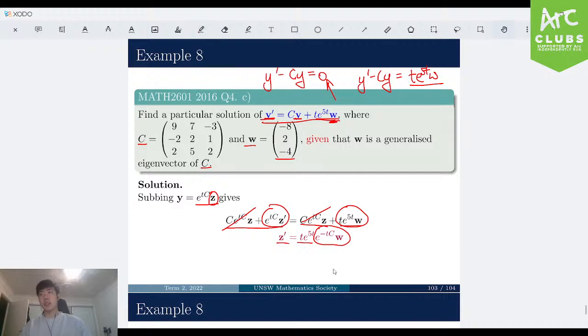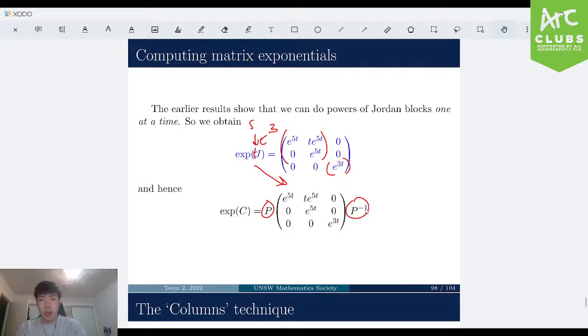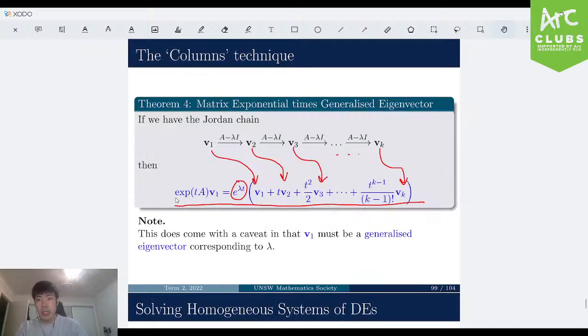But now notice, in the question we were given that w is a generalized eigenvector of C, which means that we can do something about that, right? Because this here would exactly fall into this theorem here, where you have the exponential of t times a times some generalized eigenvector of that matrix A. Okay?